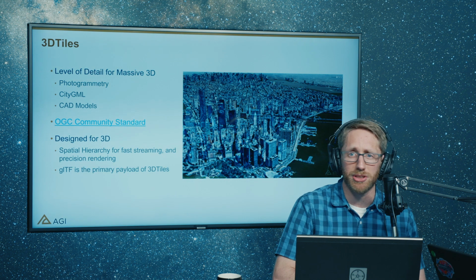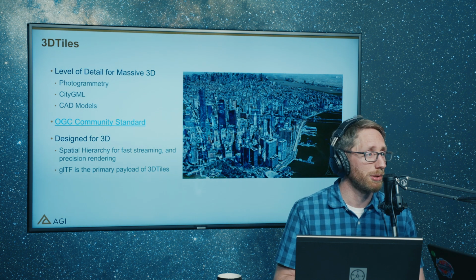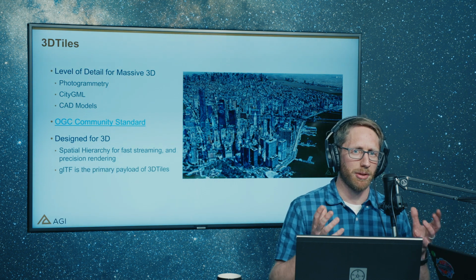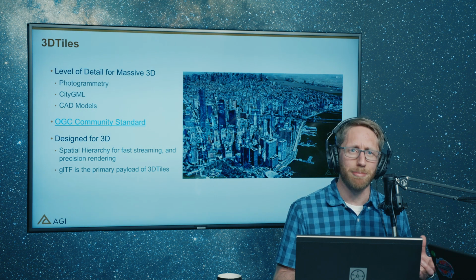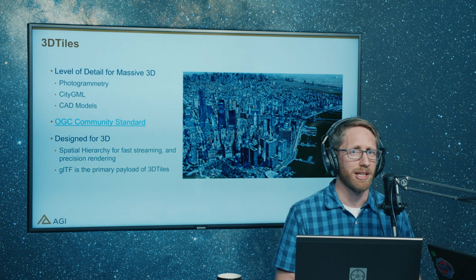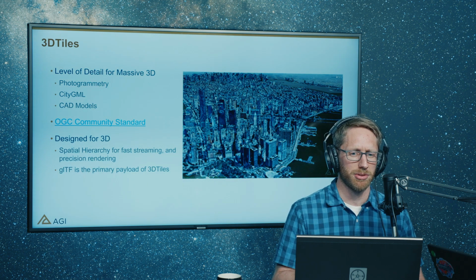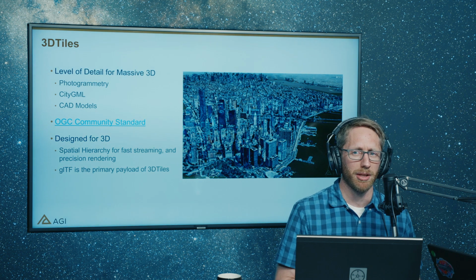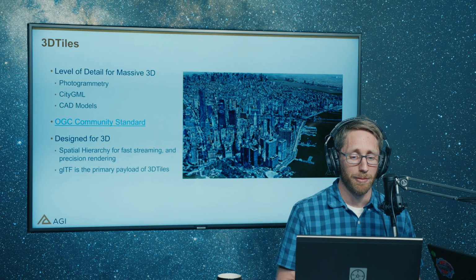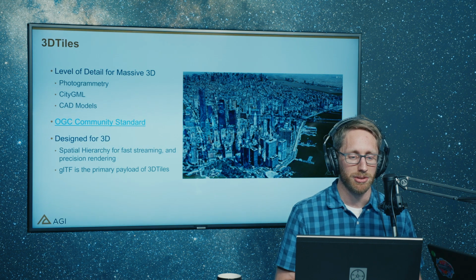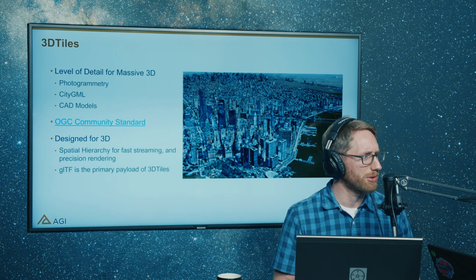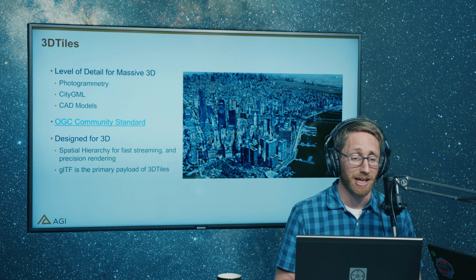And lastly, just like glTF, it's been designed from the ground up with 3D in mind. There are a lot of container formats out there that are really built for 2D maps, which is really common in GIS, and we have to do some mental gymnastics to extrapolate the 3D information out of those data sets. This was built with 3D in mind, and it uses a whole set of spatial data structures, whichever is appropriate for the particular data set you're using.